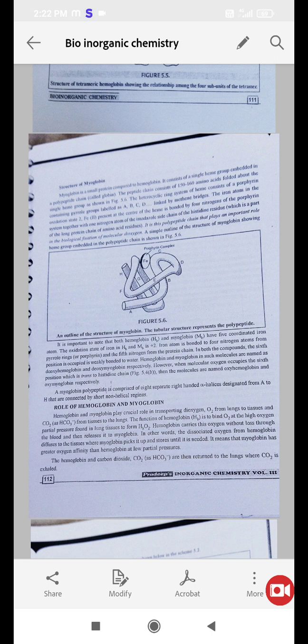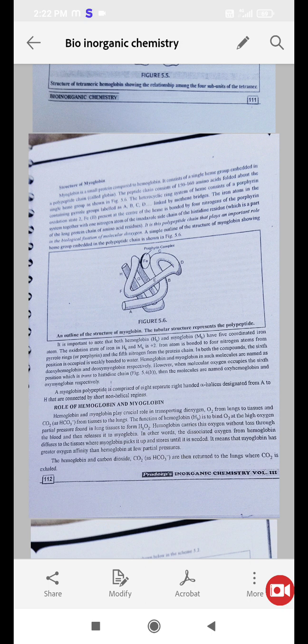Hemoglobin and myoglobin play a critical role in transporting dioxygen from the lungs to the tissue and carbon dioxide from the tissue to the lungs. The function of hemoglobin is to bind oxygen at the high oxygen partial pressure found in lung tissue to form hemoglobin dioxide. Hemoglobin carries this oxygen without loss through the blood and then releases it to myoglobin.